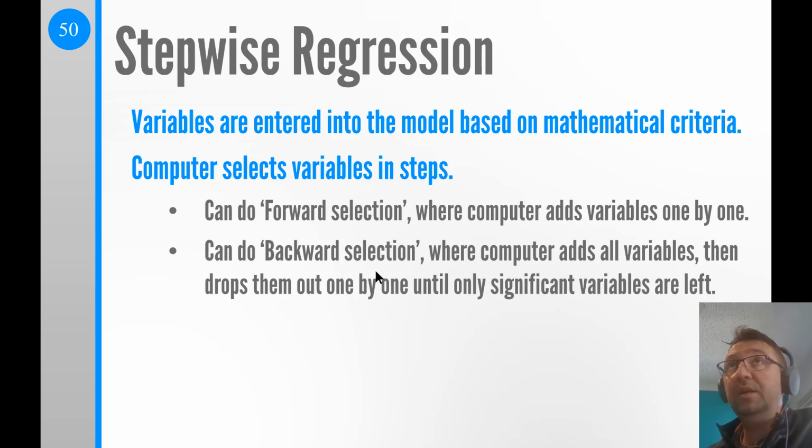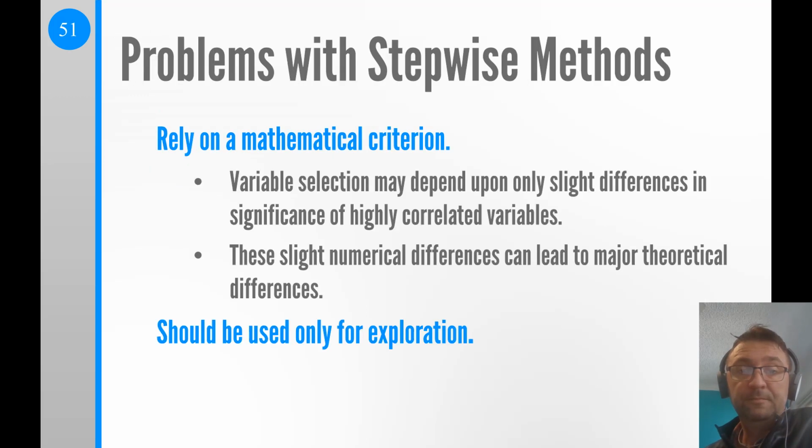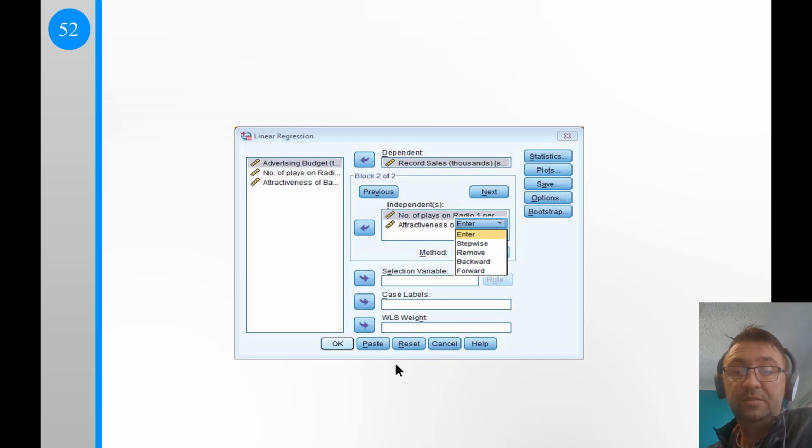It can be fine for exploratory work, but generally if you're thinking of doing stepwise regression, you don't actually know what's going on and you haven't thought enough about your topic before you get started. Slight differences can have an effect on highly correlated variables, and these can have big theoretical differences.